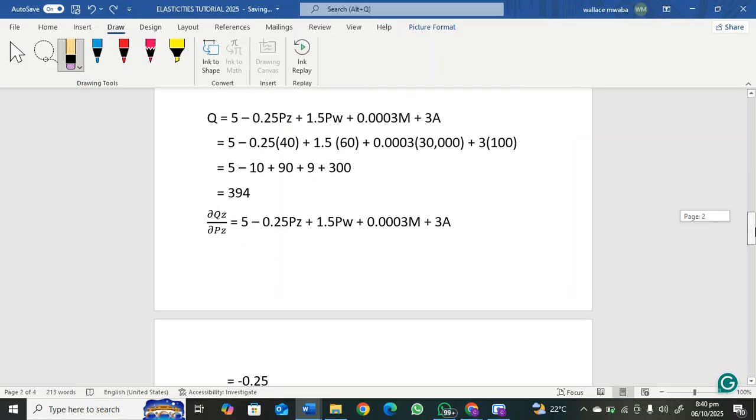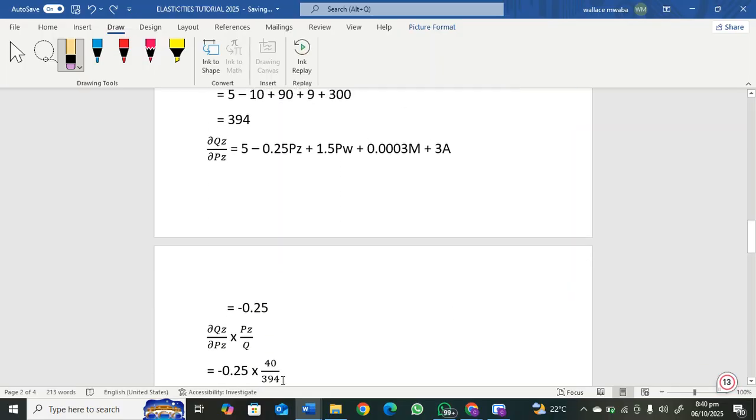We are doing this tabulation here. Negative 0.25 times 40 over 394. What value do we get?